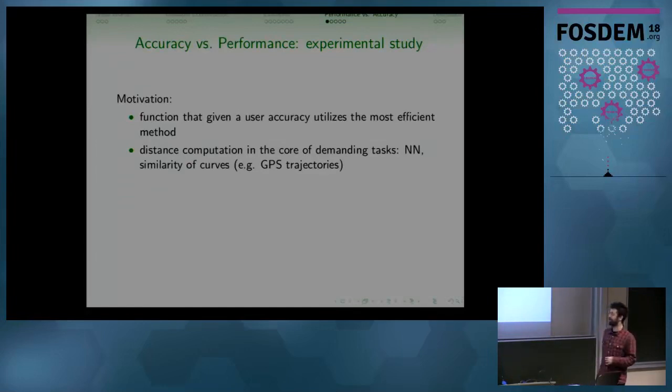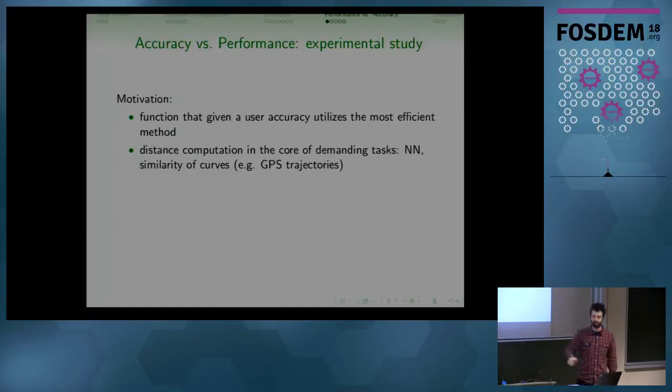But I think it makes sense, and the other part of the motivation is that distance computation, as far as I know, is almost everywhere. So when you want to compute nearest neighbors, nearest neighbor queries. Another interesting example is when you have, for example, GPS trajectories in some city, or even worse in Europe, and you want to see if some trajectory is similar to another trajectory.